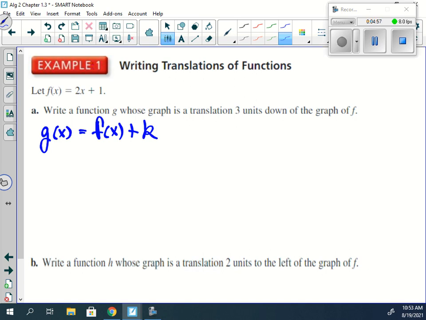So how far are we moving it? Down 3. So the value of k would be 3. We can technically put plus what? What would the sign with 3 be? Positive or negative? Negative. If we're going down, it's negative. So we could say plus -3, or we can just say -3.